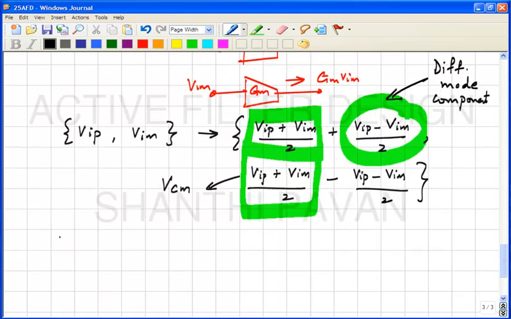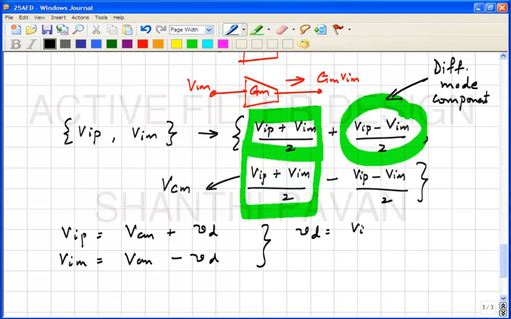So therefore, we can write VIP as VCM plus VD, VIM as VCM minus VD, where VD is (VIP minus VIM)/2. Does this make sense?